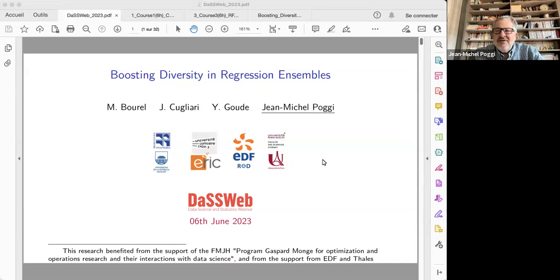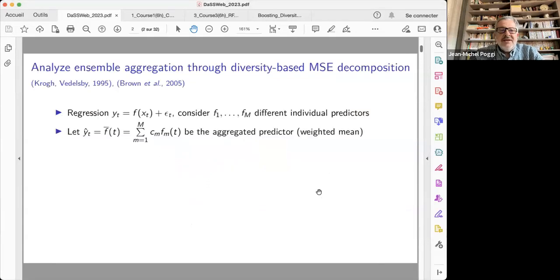I had just ignored the aspect of diversity, so I have chosen to start with some motivation about diversity. With these three colleagues, we are interested in combining experts. So imagine that you have something like this equation.